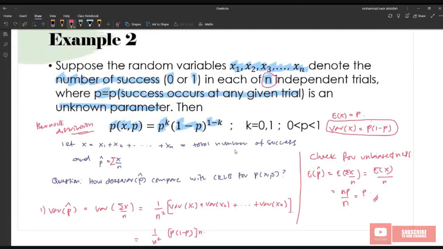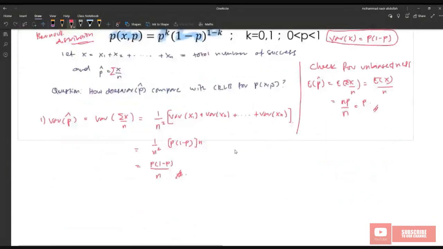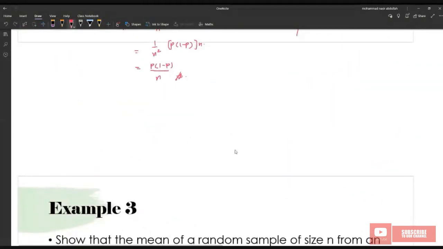But in this statement, it says that it used n independent trials. So with n independent trials, it becomes a binomial distribution, right? But we still use the PDF of the Bernoulli distribution.